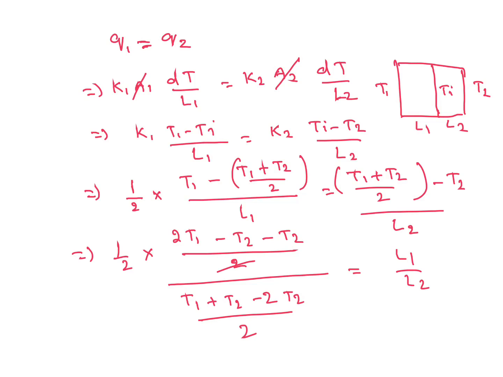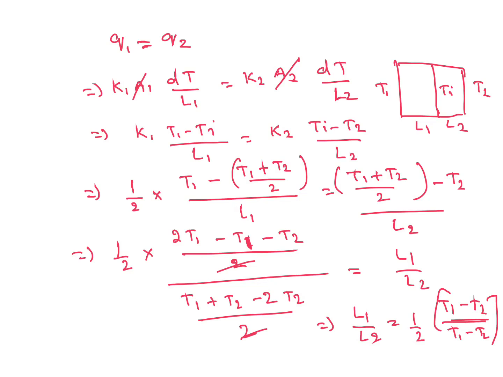So the 2 cancels. Then if you solve this, L1 by L2 equals 1 by 2 into (2T1 minus T1), so T1 minus T2, divided by T1 minus T2.